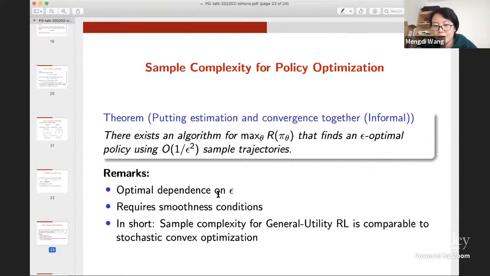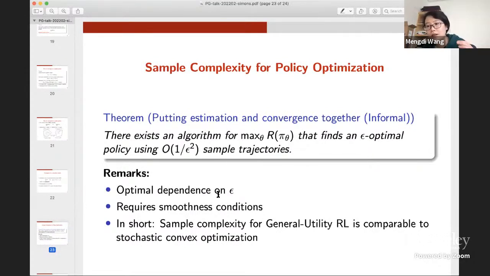Okay, and one can show that for solving the Markov decision process with both cumulative rewards and general utility, the sample complexity is 1 over epsilon square. This sample complexity is not surprising because we do know that in tabular MDP and linear MDP, when we use other value-based methods, the sample complexity is 1 over epsilon square. That's very much expected.